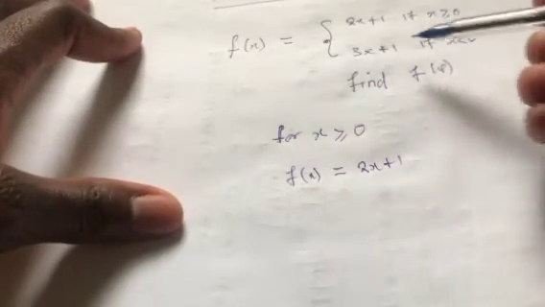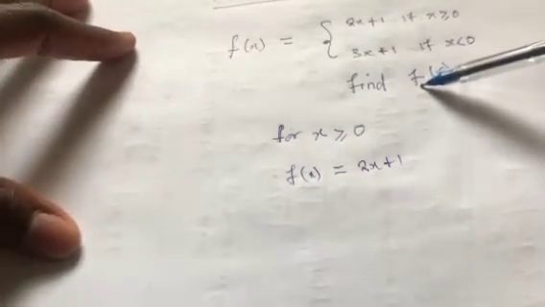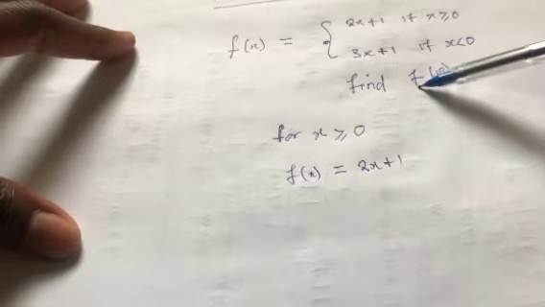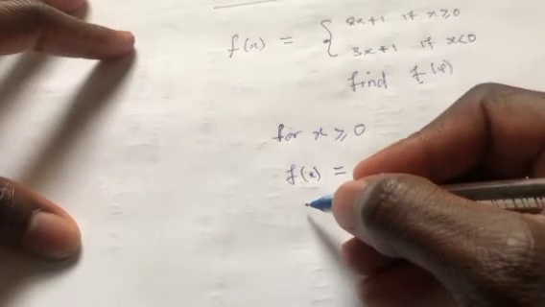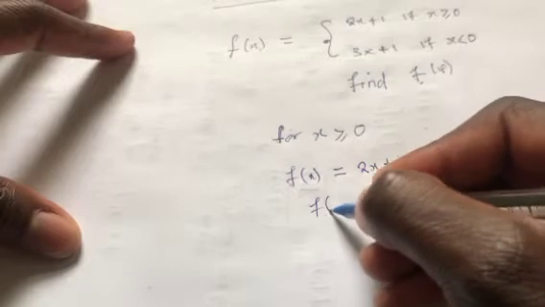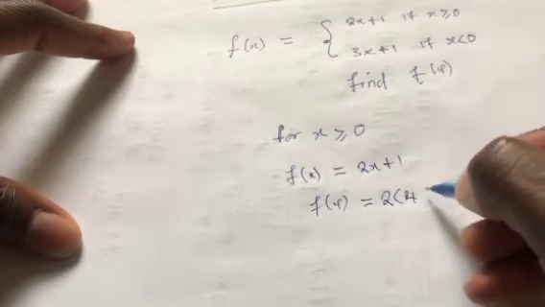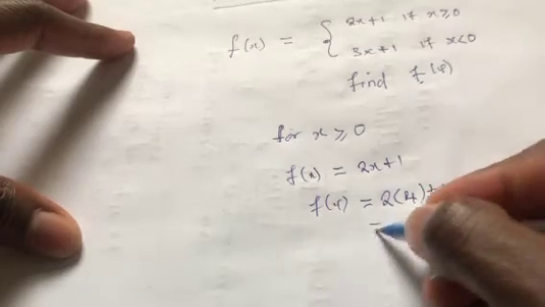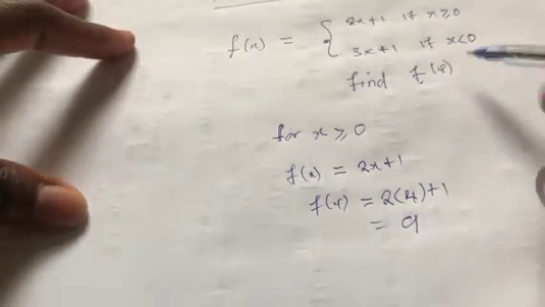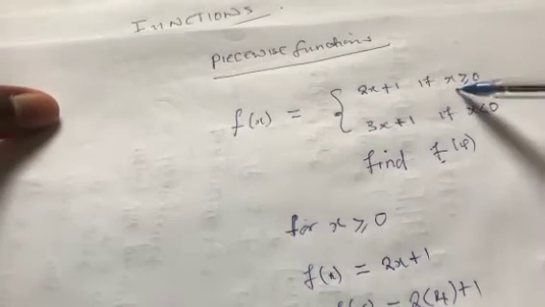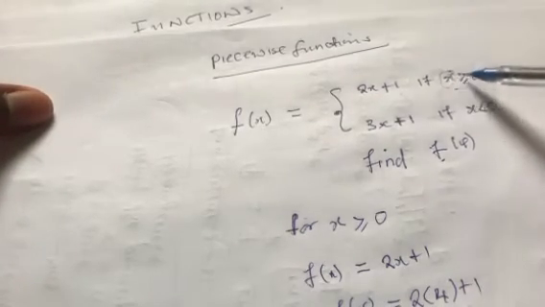Since we are saying f of 4 in this case, f of 4 will be equal to 2 times 4 plus 1, which is 9. And definitely if you get back to this interval, you find that truly 9 is greater than 4.